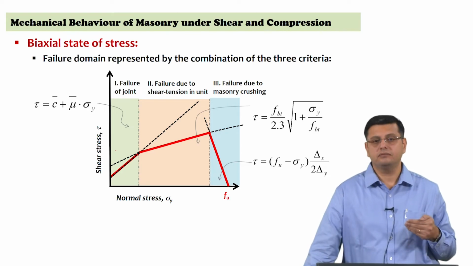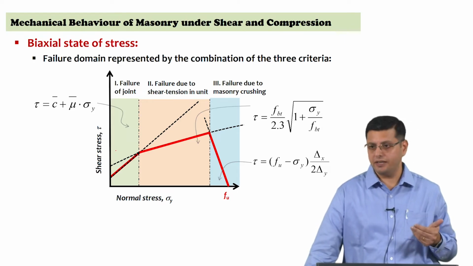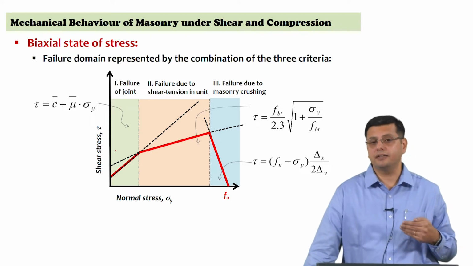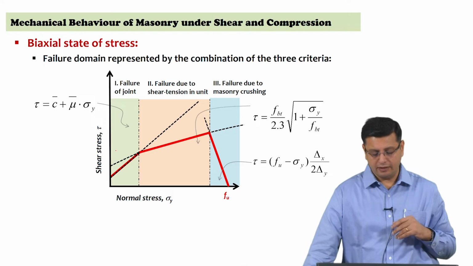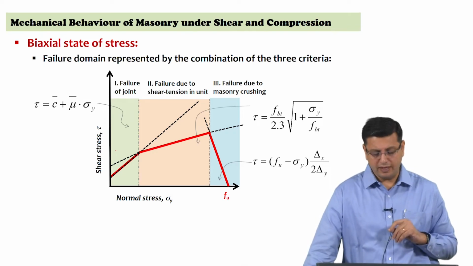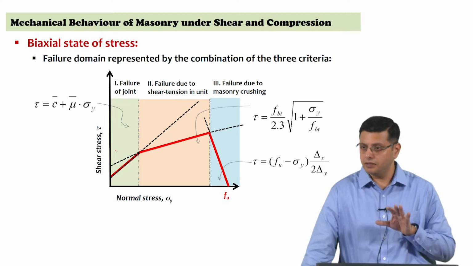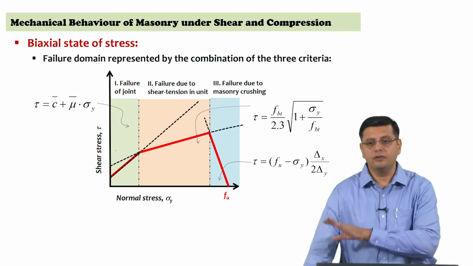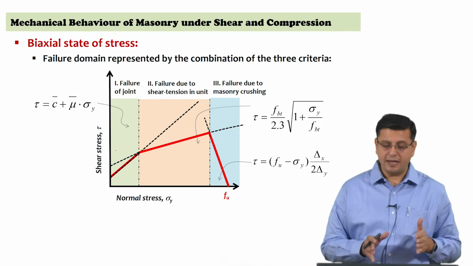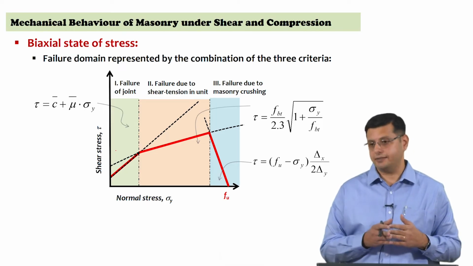In masonry, given that in-plane mechanisms are typically shear dominated mechanisms, shear capacity is what gets affected significantly by the lateral force, and that is what we need to consider when we examine design of shear walls, and therefore we will use a similar basis. This is at the level of stresses, but we will be examining the same under the action of resultant forces. We will use the same basis to develop the interaction surface between shear forces and axial forces.